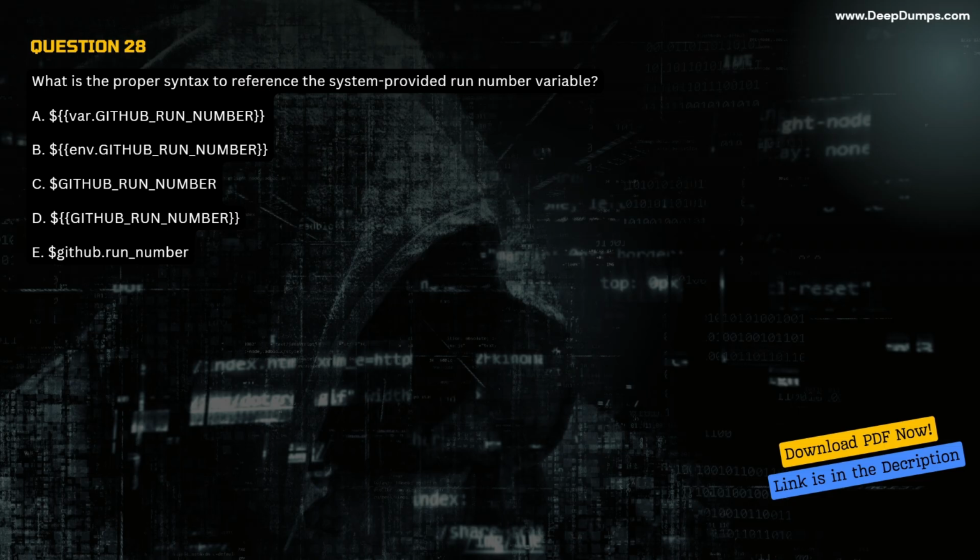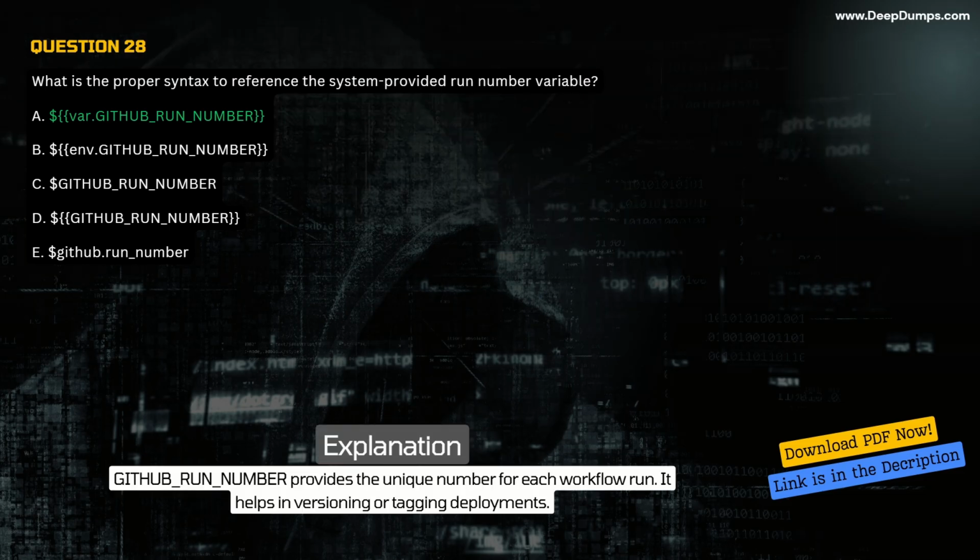D. $github_run_number. E. $github.run_number. Correct answer A. $var.github_run_number. Explanation. GITHUB_RUN_NUMBER provides the unique number for each workflow run. It helps in versioning or tagging deployments.